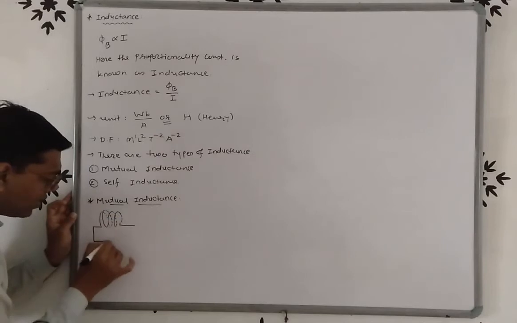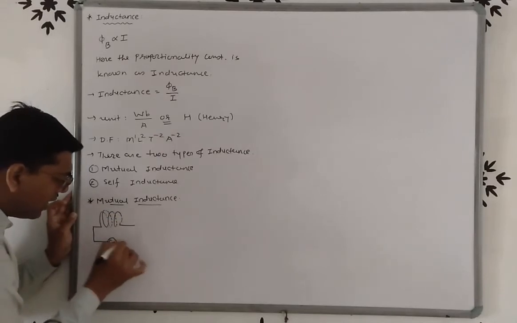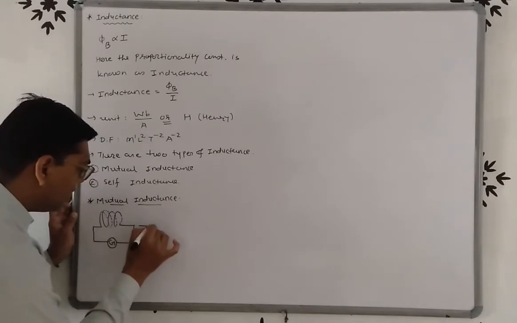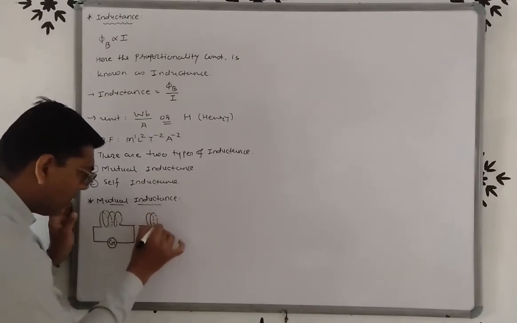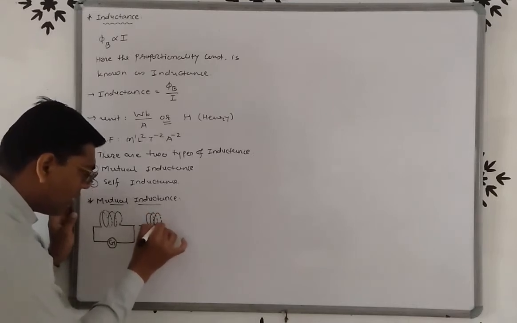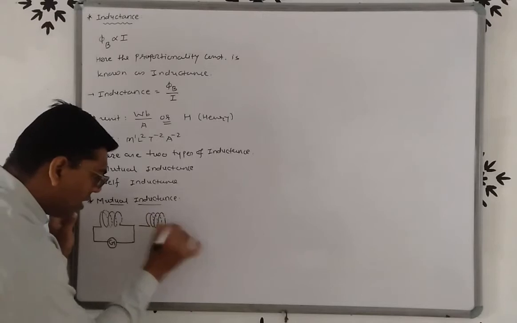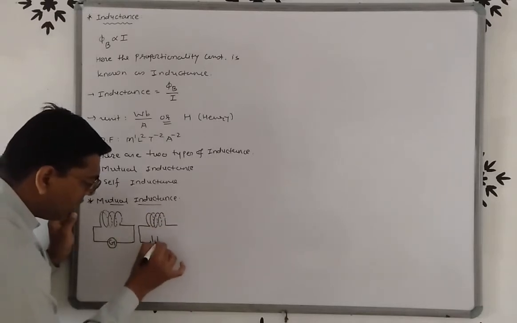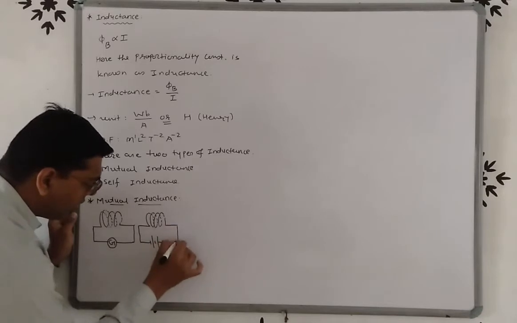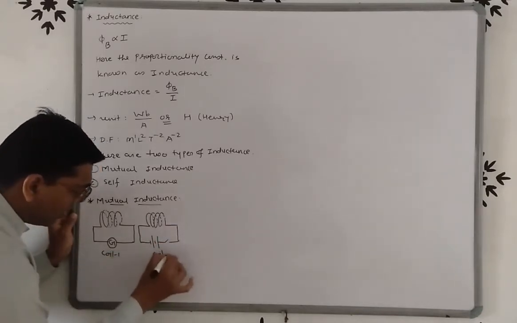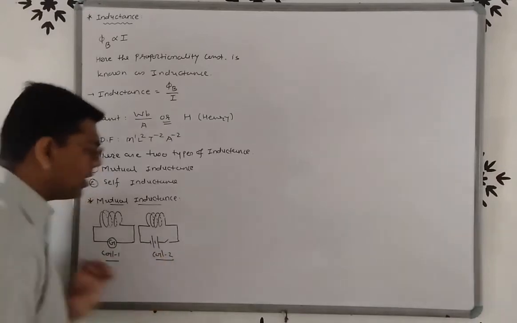We connect one coil with the galvanometer, and we take another coil and we connect this coil with a battery and key, right? So this is coil 1 and this is coil 2, right?